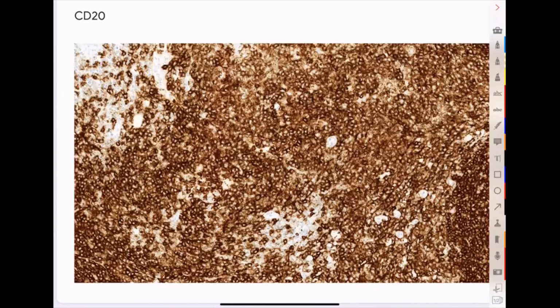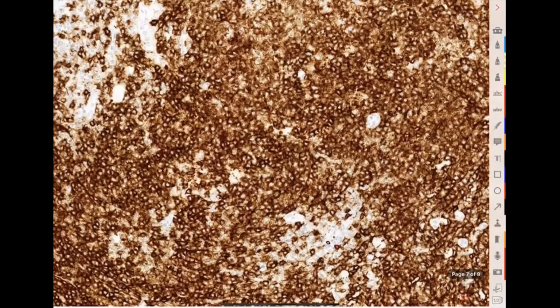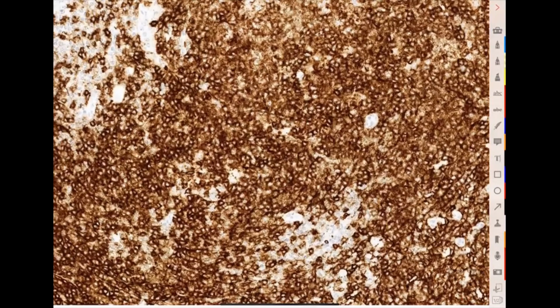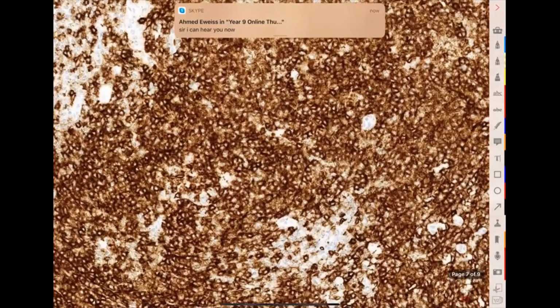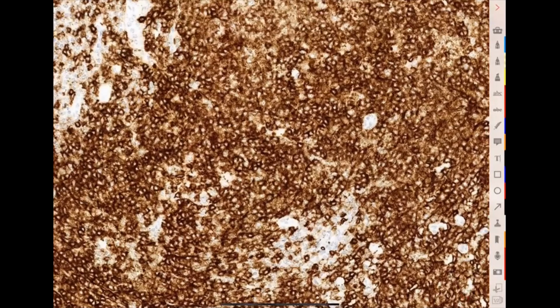You get a mixed population, okay, with some more of a CD3, because it is the nature of the beast. But well, this is just to highlight that. I hope that this is very clear, and I hope that this helps you resolve the differential diagnosis.